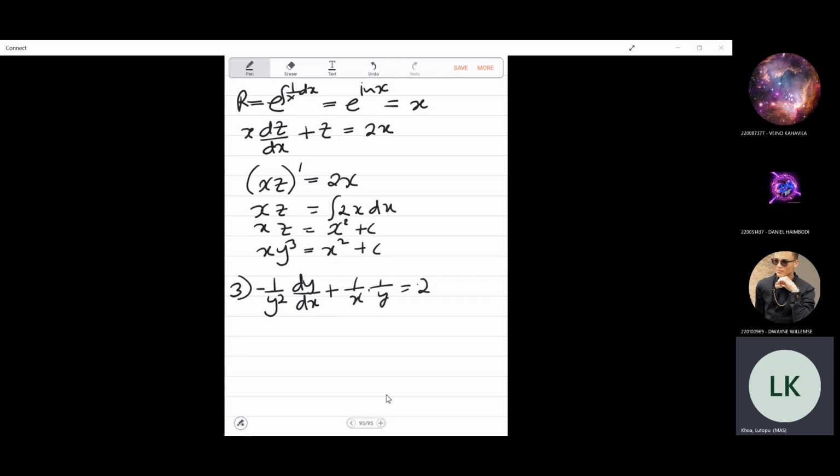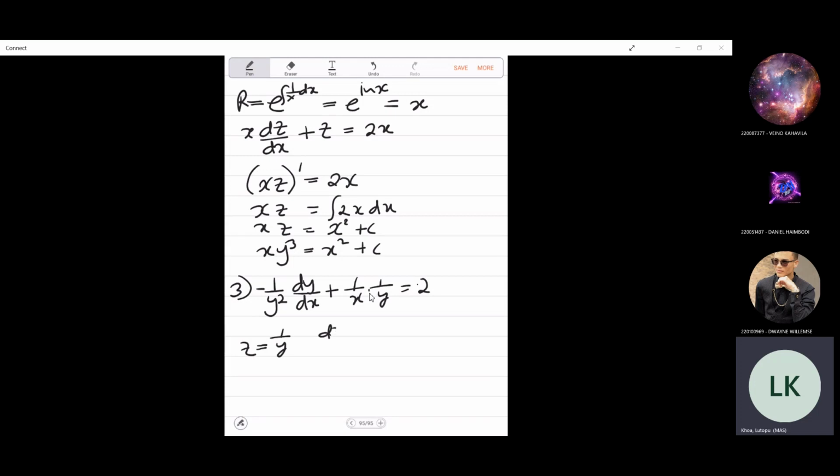So again, you look at this function here, when I differentiate it in terms of y, I get negative 1 over y squared. So I can make z equal to this. So we say z is equal to 1 over y.